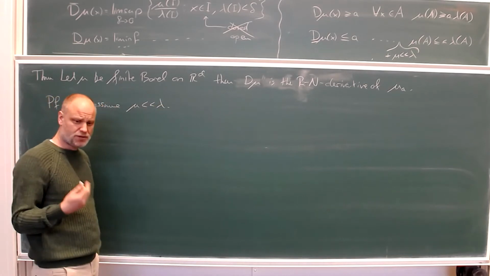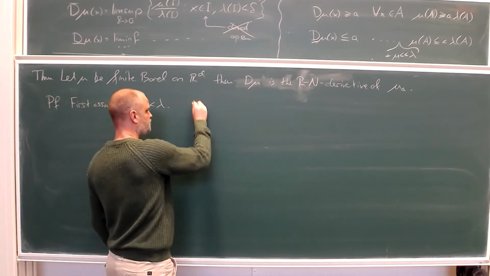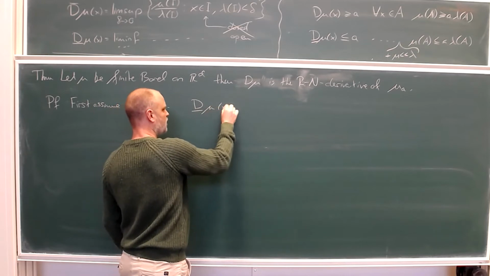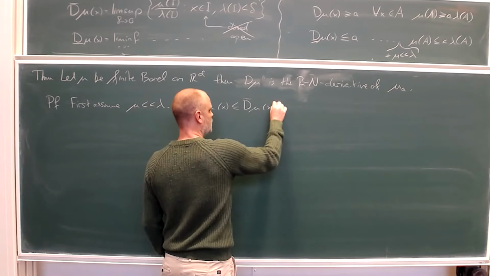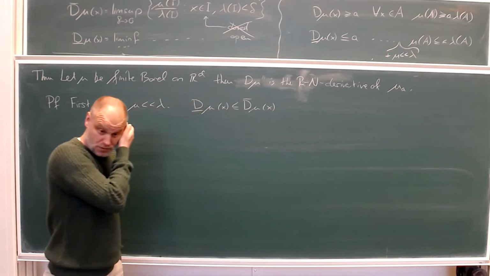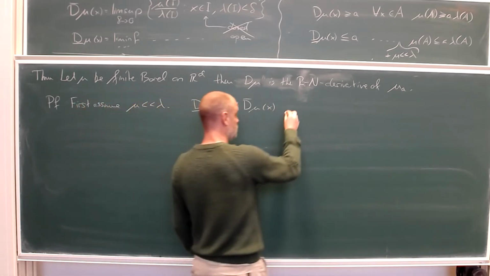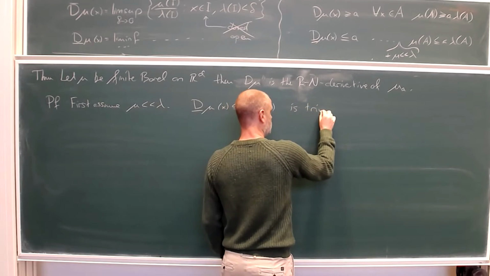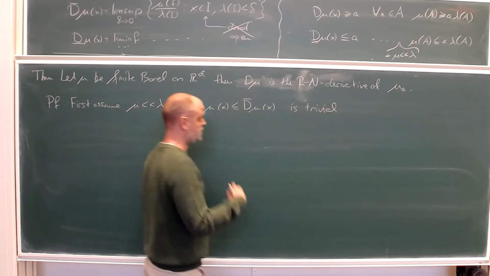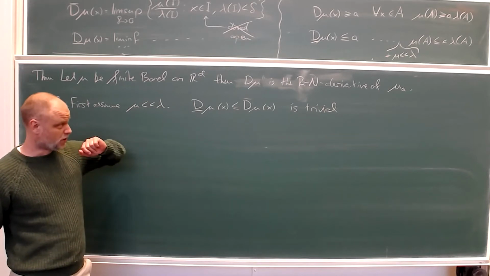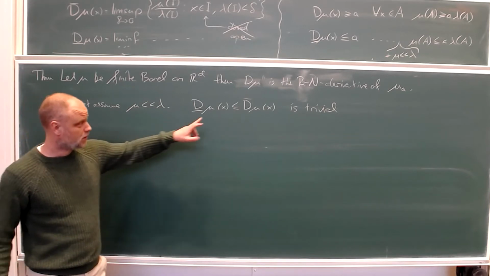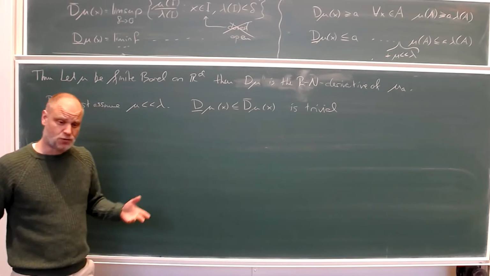The idea here is that the lower derivative is always less than or equal to the upper derivative. So this is trivial. So on the set of points where these two are not equal, we must have a strict inequality here.